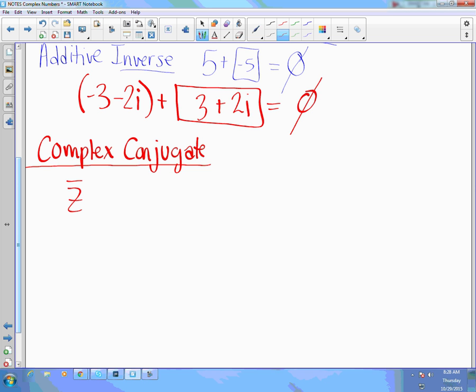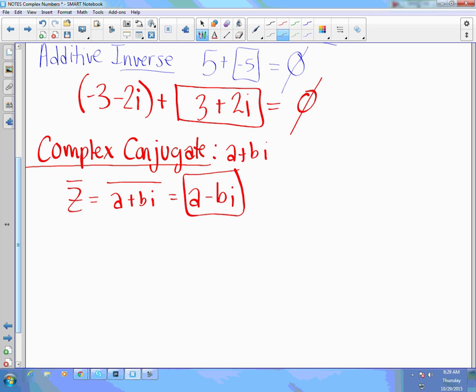Okay? If our complex number was a plus bi, the conjugate of a plus bi would just be a minus bi. So it's the same complex number, but the operation in the middle changes.